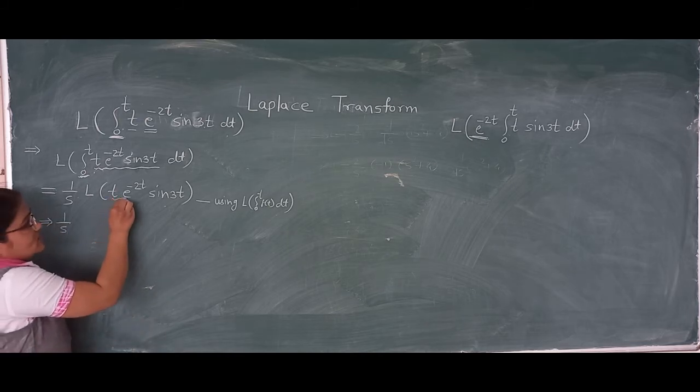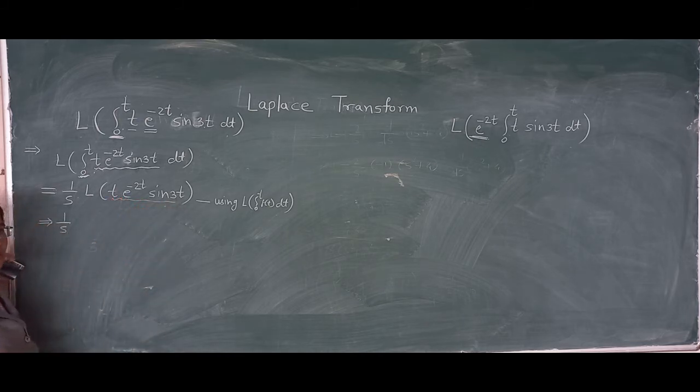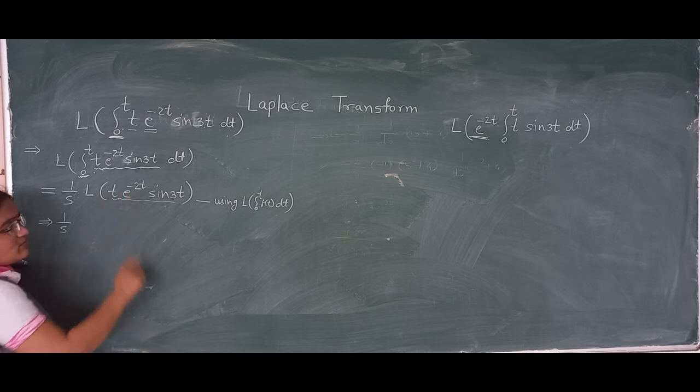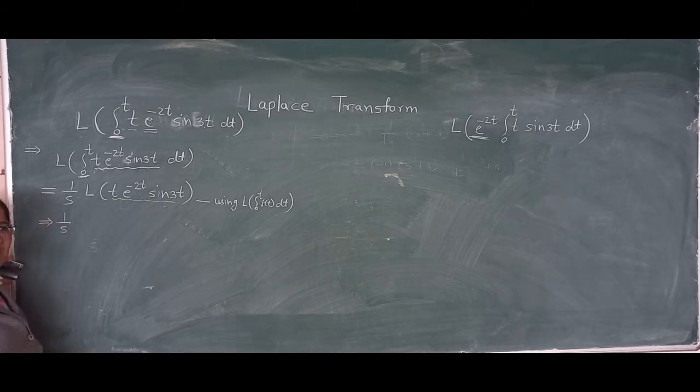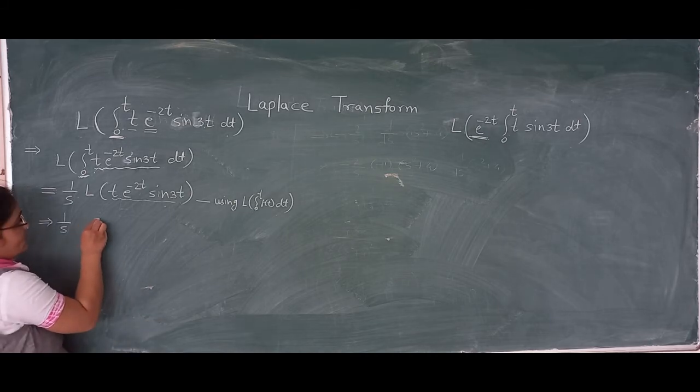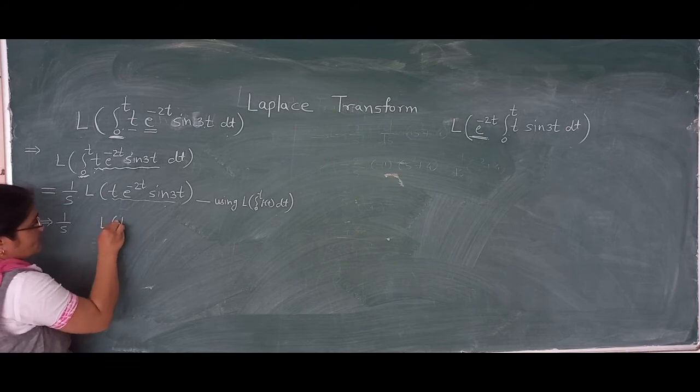Now out of these 3, we have 2 properties in our hand. One is the multiply by t property and another one is the first shifting property. I always say the first shifting property is better to use first. So I want to use the first shifting property.